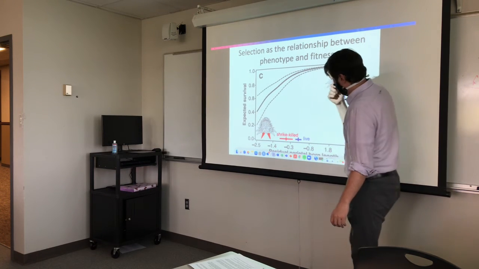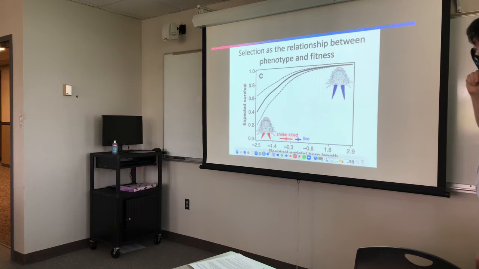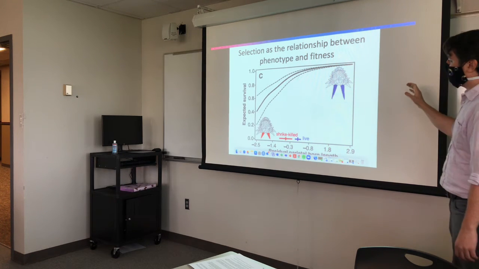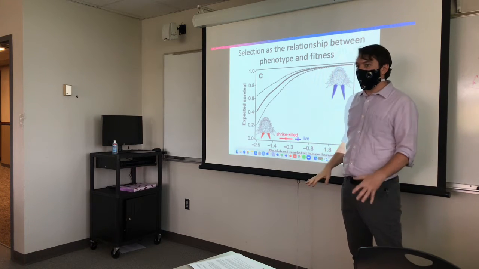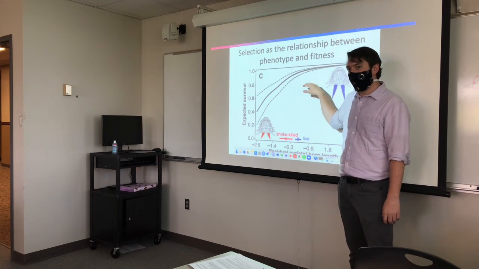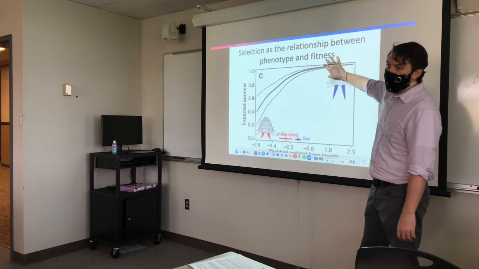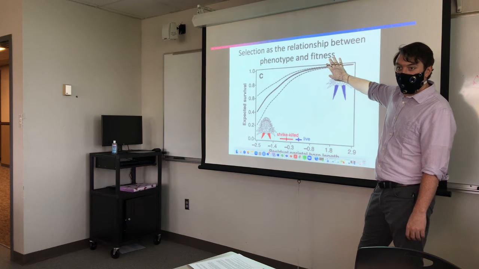And this is a way you can think about natural selection, not just by memorizing those 4 steps, but by thinking about it as something you can graph and explore visually. So these are going to reach more of their reproductive potential, and these are not going to make it as much.